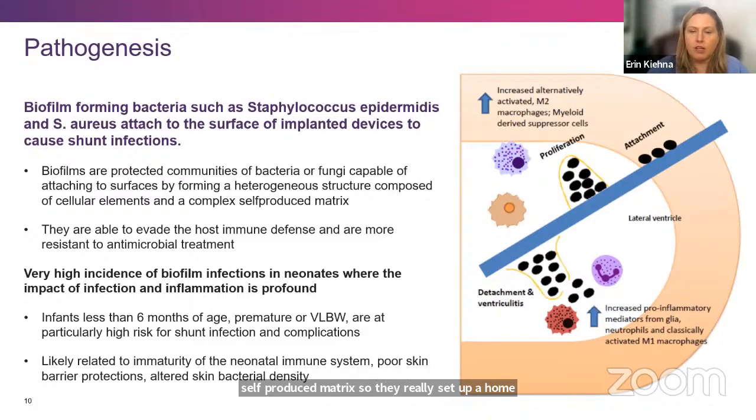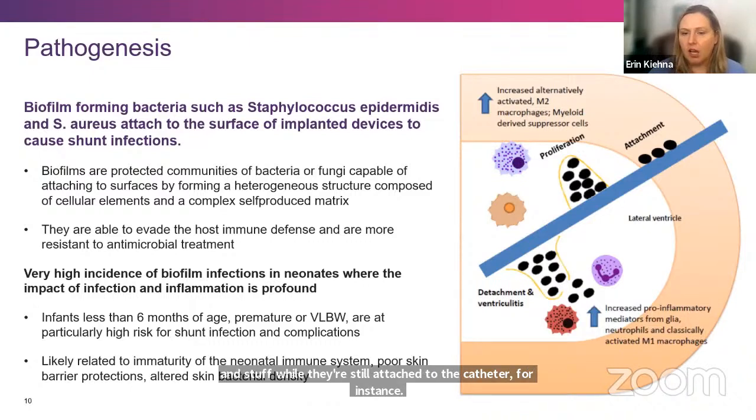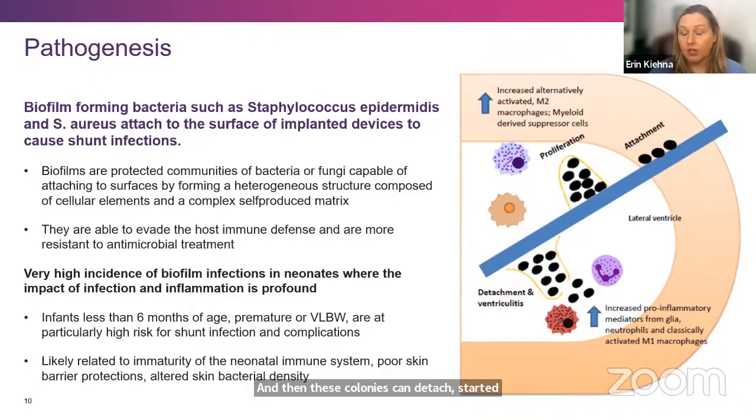Then they start activating the tissue around them. Macrophages come in, myeloid suppressor cells and so on, while they're still attached to the catheter, for instance. And then these colonies can detach, starting to cause ventriculitis, and then our immune system really kicks in.